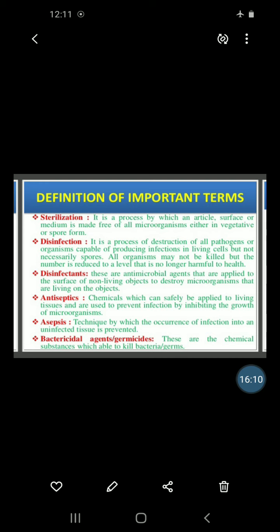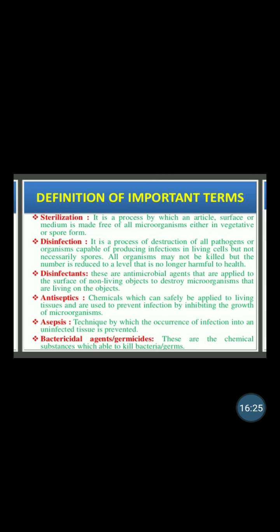Therefore dry heat sterilization usually employs, or requires, higher temperature, ranging from 160 to 180 degrees, and time for this is 2 hours.